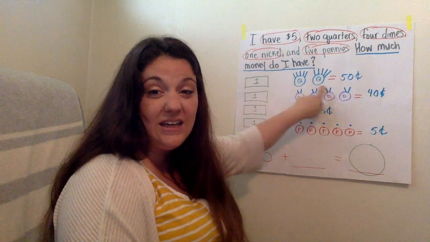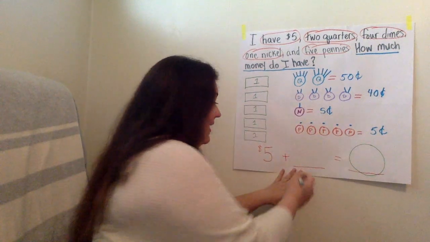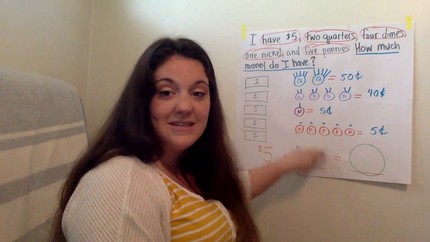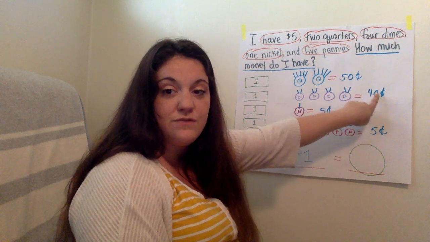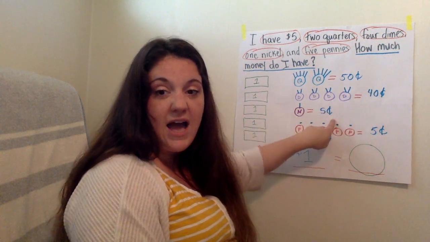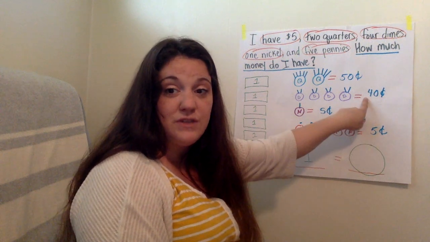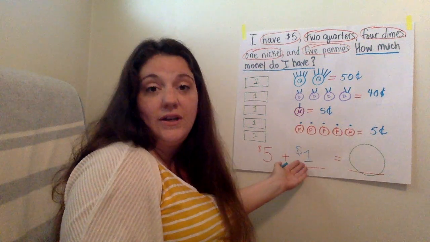So this money right here represents 1 single dollar. So down here on my line, I'm going to write $1 because that is what all of this money is. I have 50 plus 40 plus 5 plus 5. And 5 and 5 is 10. 10 plus 40 is 50. And then 50 and 50 is 100, or $1 in this case.